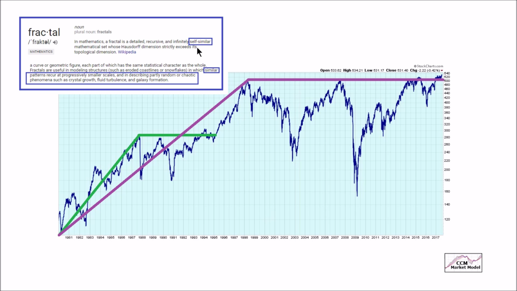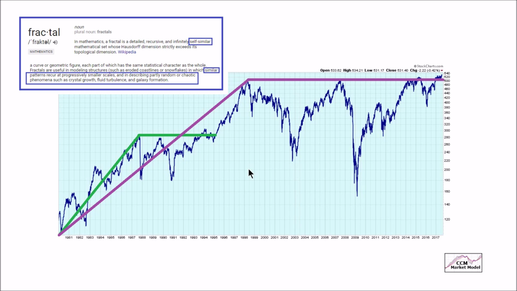Fractals are self-similar, meaning we are not looking for identical patterns. Fractals speak to similar patterns that recur at progressively smaller scales and assist in describing partly random or chaotic phenomena.